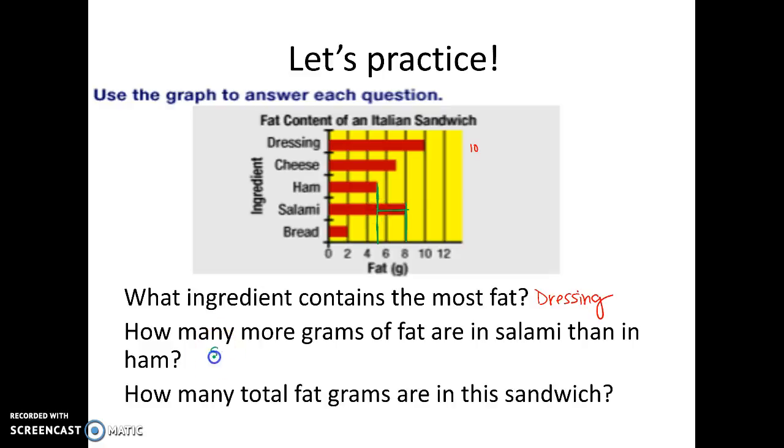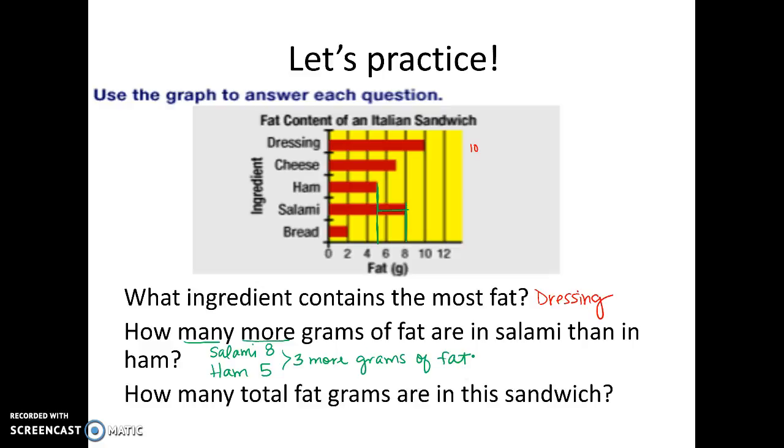So we have salami is at 8, and ham is at 5. So how many more means we're going to subtract. So 8 minus 5 is 3. So 3 more grams of fat.